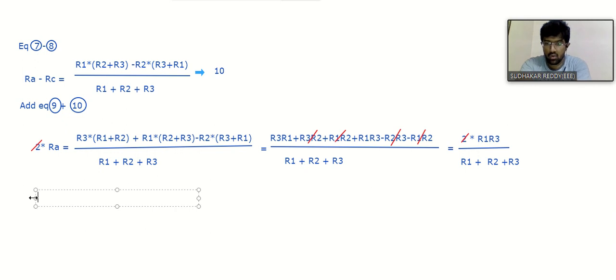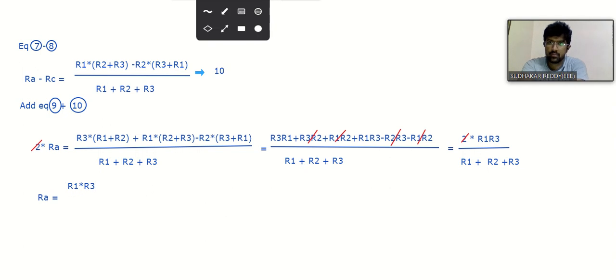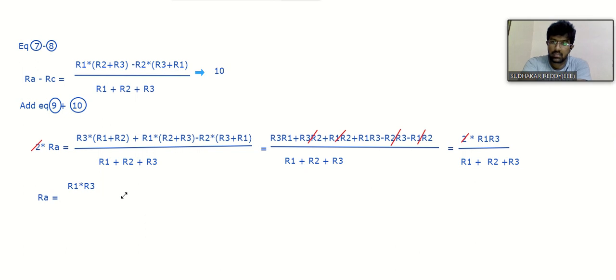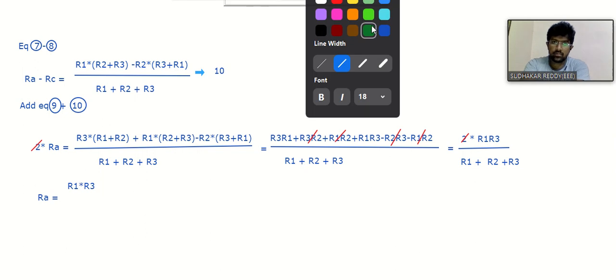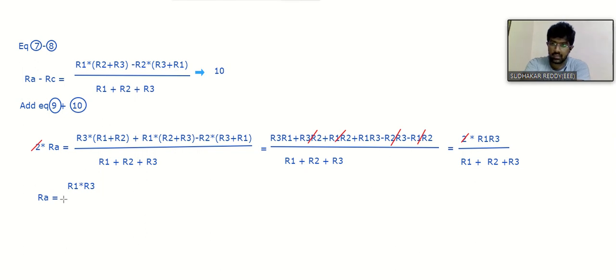RA equals R1R3 divided by R1 plus R2 plus R3.